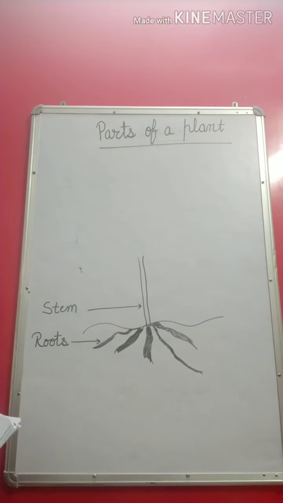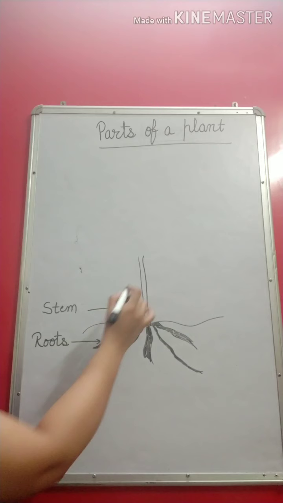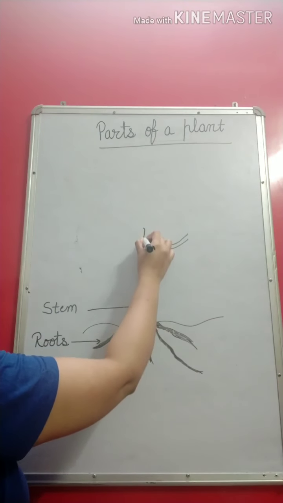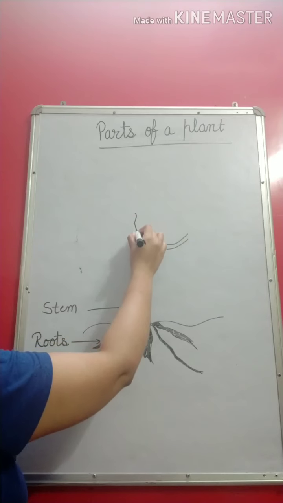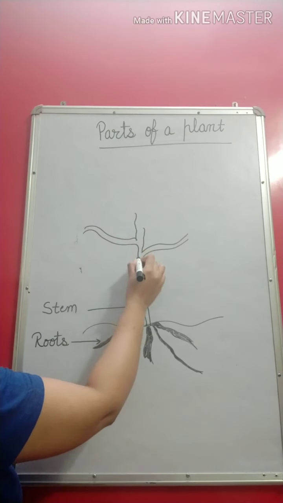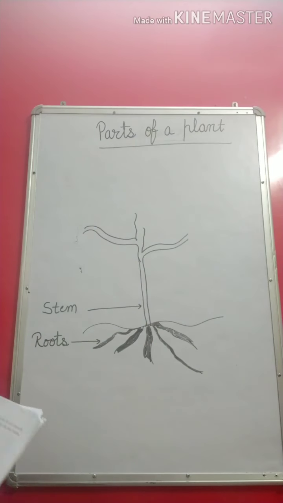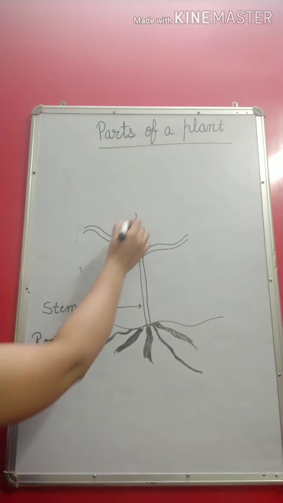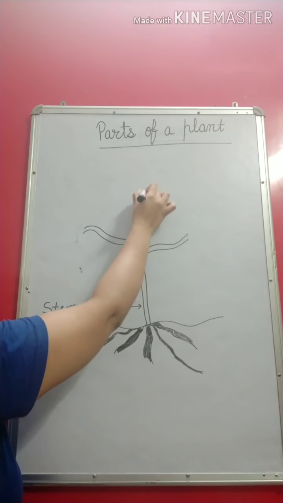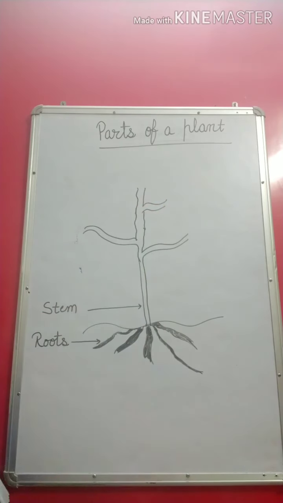After this stem, then come many of the branches. One I am drawing in this row, another I can draw somewhere else. These branches go on like this. Alright, they are the branches.